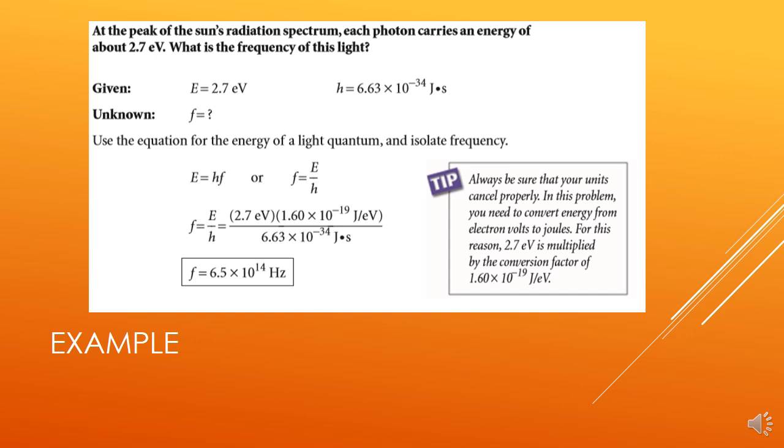For energy, I put the 2.7 electron volts, but I also have to multiply it by our conversion factor, 1.6 times 10 to the negative 19th. And then I divide that by Planck's constant, 6.6 times 10 to the negative 34, and I get the answer 6.5 times 10 to the 14th hertz. So please look at this example when you attempt the similar problem on the worksheet.